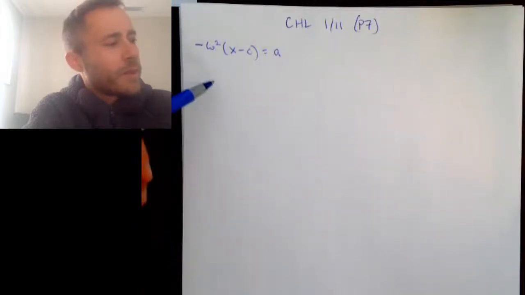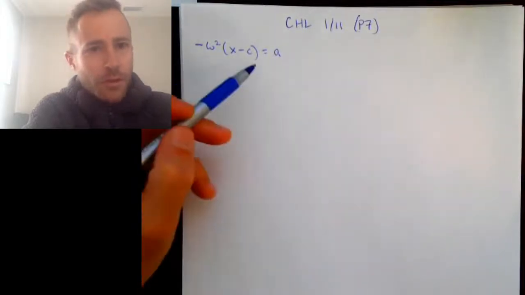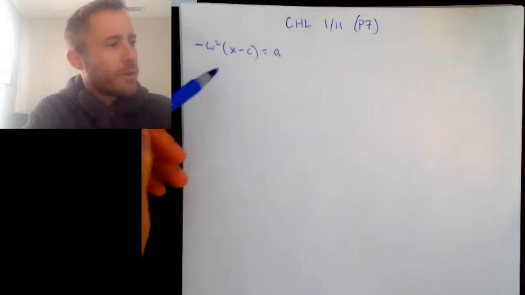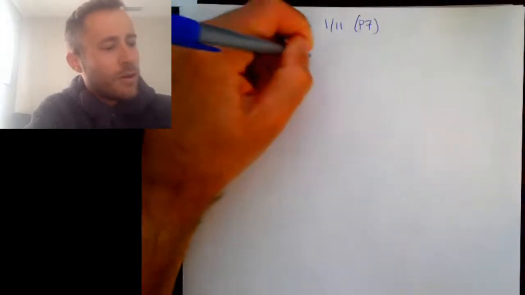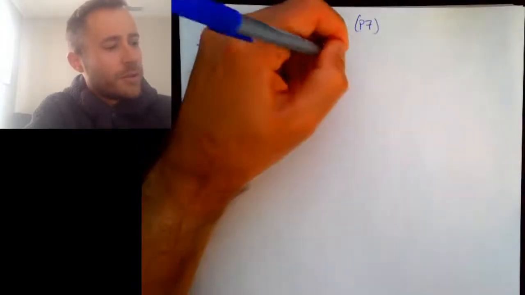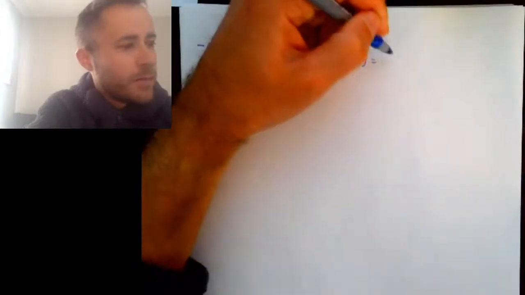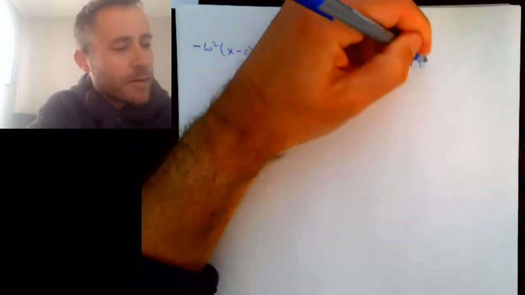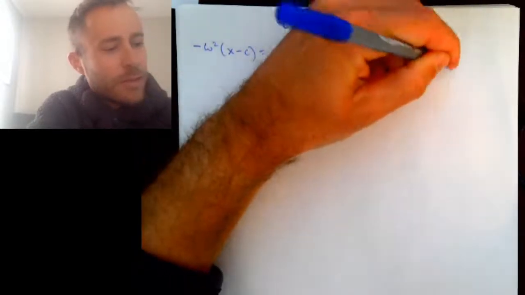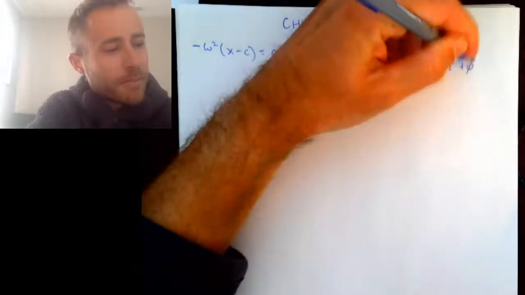And anytime you have an equation of this form, you know that the position as a function of time is going to be given by c plus a cosine of omega t plus phi.